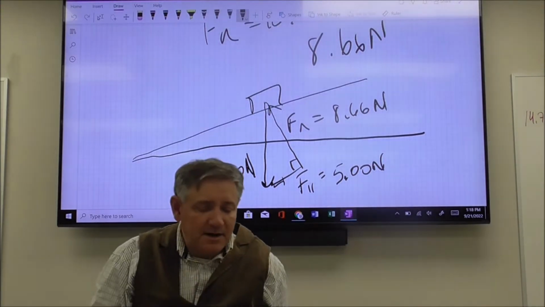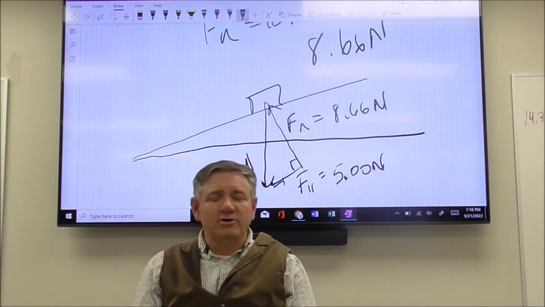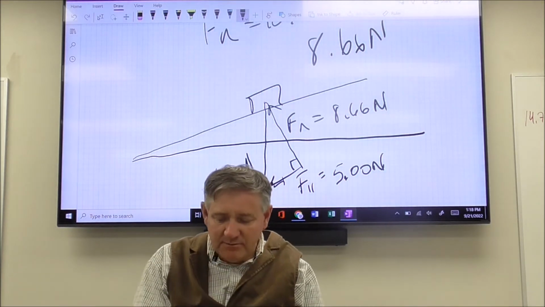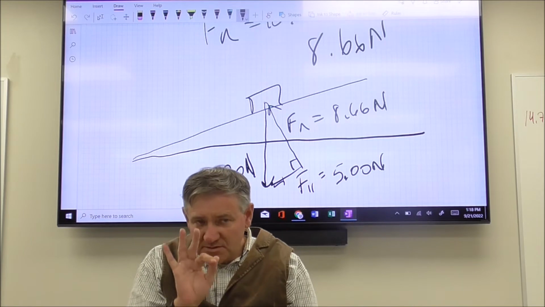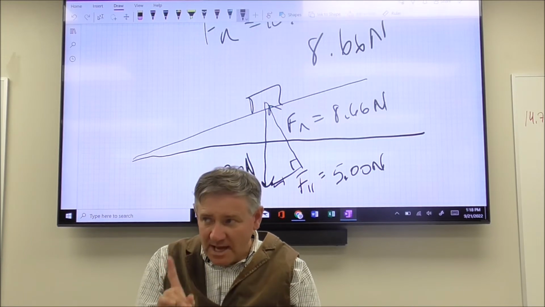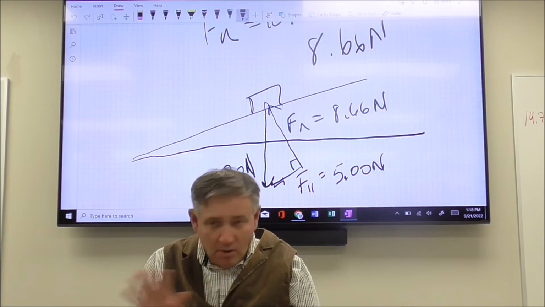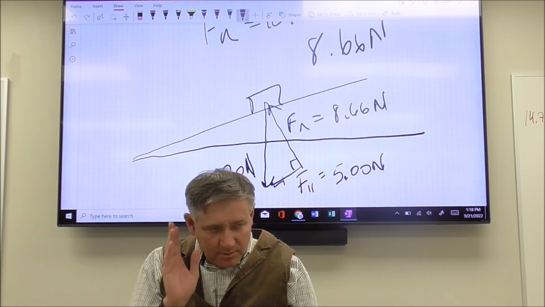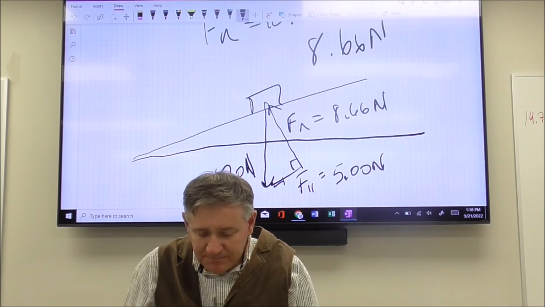Now, on any inclined plane problem, whether there's friction, push, pulls, squirrels, penguins, it doesn't make any difference. Those are the 3 forces you will always have on every inclined plane problem. Always. Force parallel, force normal, the weight of the object. Okay? Those 3 will always be there.